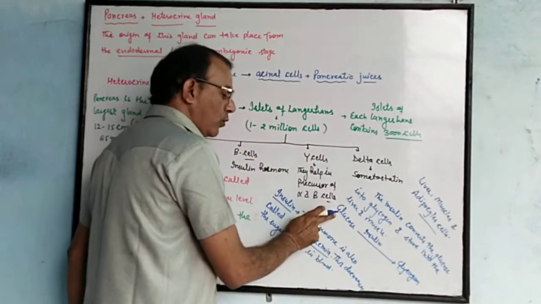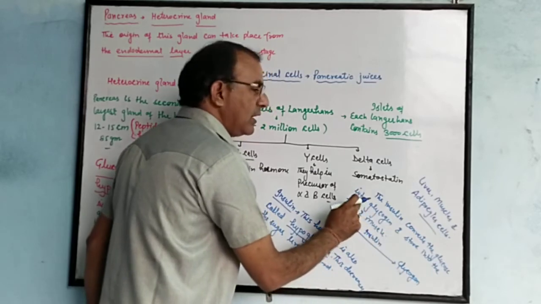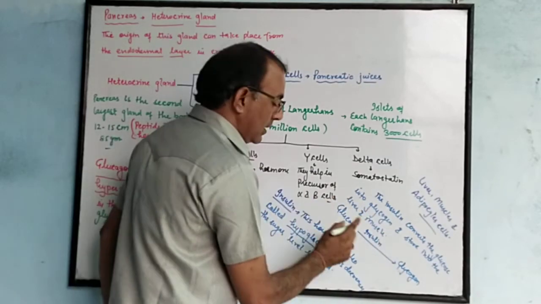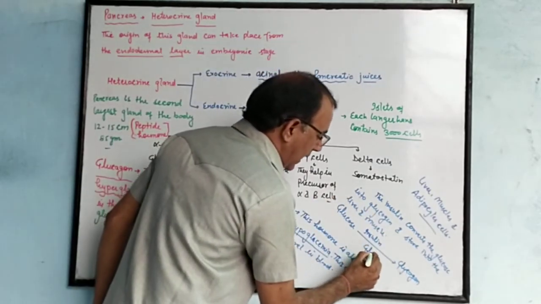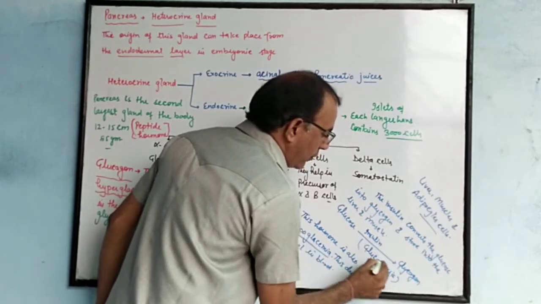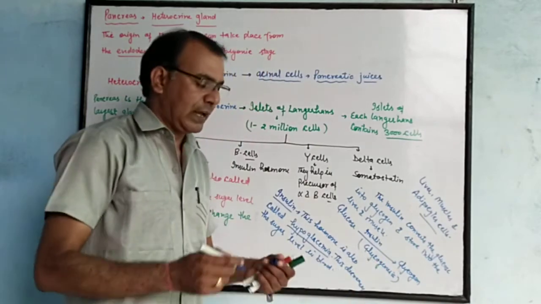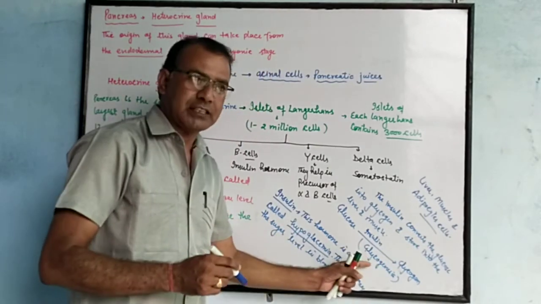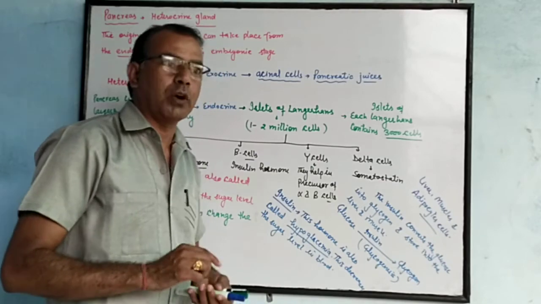Insulin converts the glucose into glycogen and stores it in the liver and muscles. This process is known as glycogenesis, the formation of glycogen. So it decreases the sugar level.